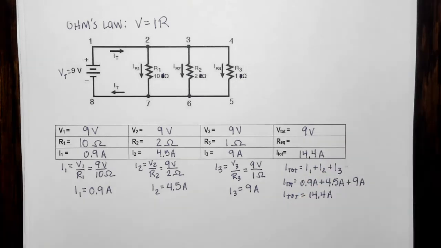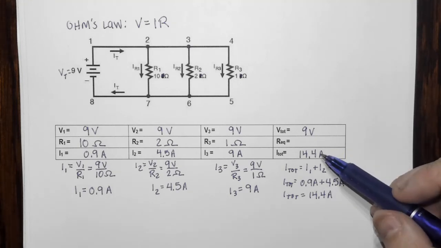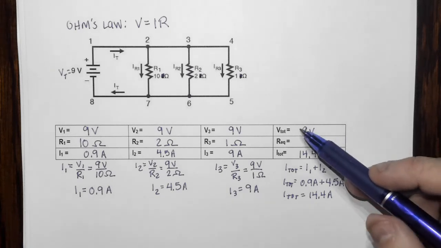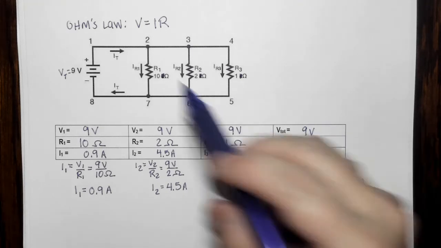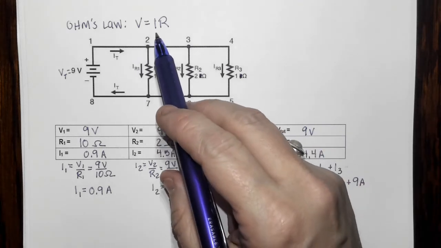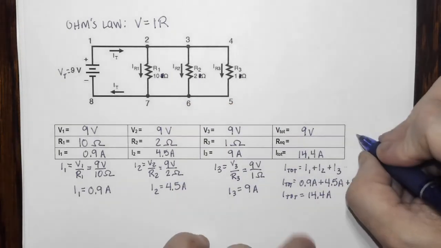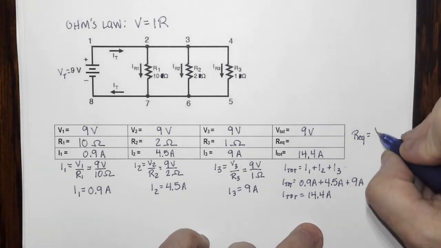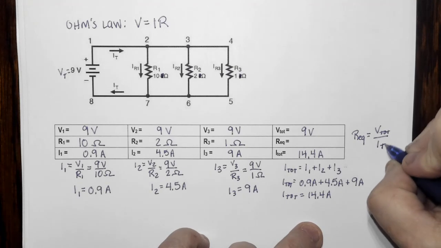14.4 amps. Now I said earlier that if you're lucky, you don't have to mess around with the equivalent resistance, because you have V total, you have I total, you can just solve for R, okay? And so our equivalent resistance is just going to be equal to V total over I total.